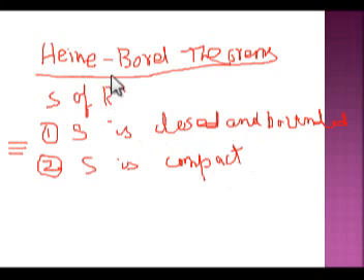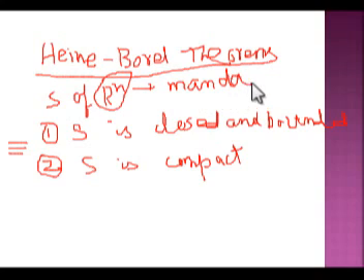But for this case, it must be a subset of Rn. It is mandatory, not for all spaces. S must be a subset of Rn. If this does not hold, then you cannot prove the Heine-Borel theorem. So you have to keep in mind that S must be a subset of Euclidean space R, R2, or R3.